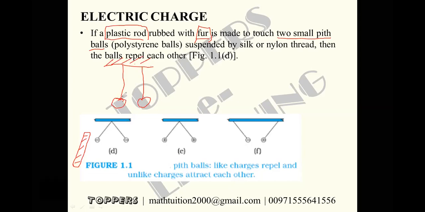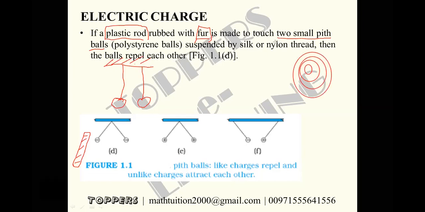Actually, all these materials are made up of atoms, right? Atoms are molecules. Fundamental particle is atom. Atom consists of charges. Atom consists of a small nucleus, and around the nucleus we have electrons.